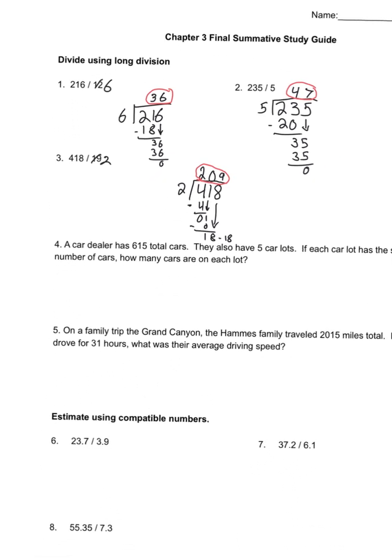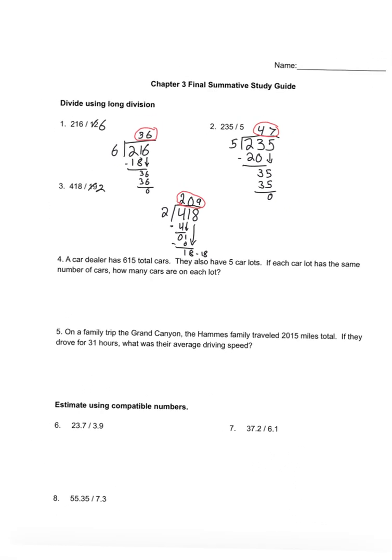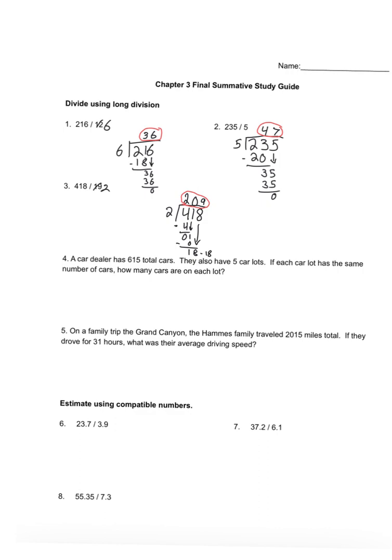Now, diving into story problems. A car dealer has 615 total cars. They also have 5 car lots. If each car lot has the same number of cars, how many cars are on each lot?